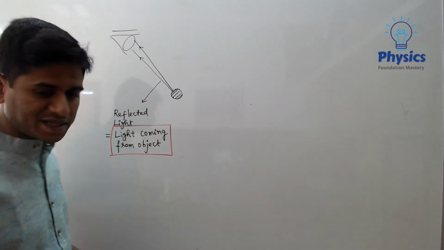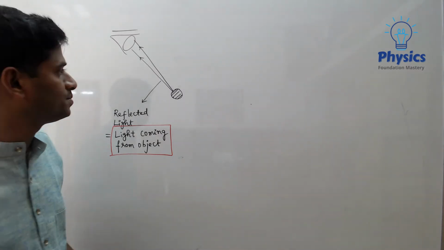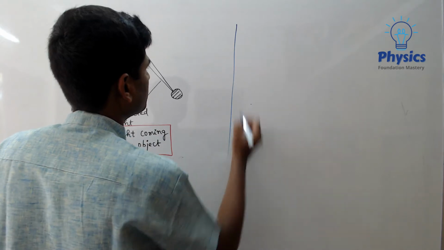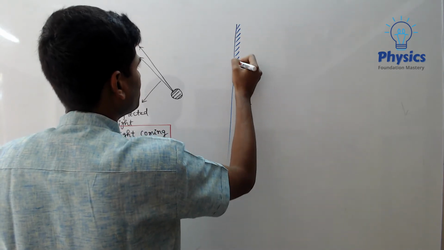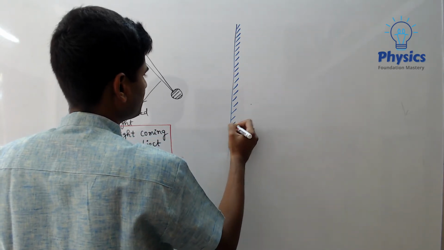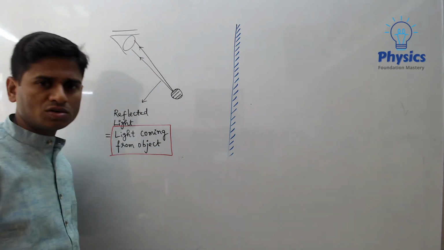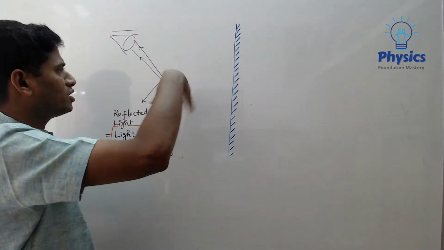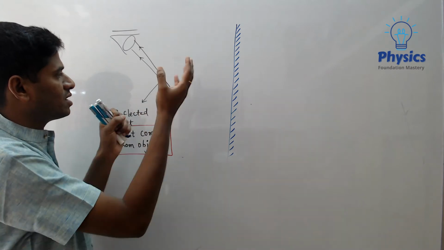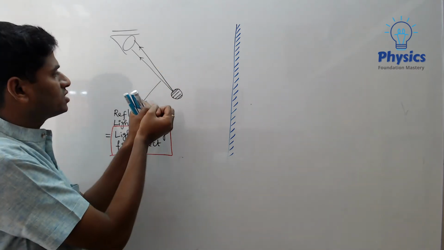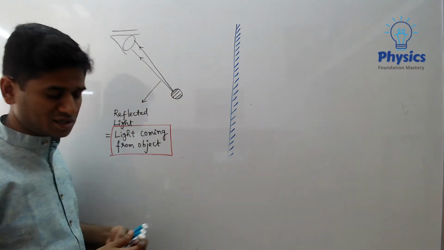Alright. Now let us say we have a mirror here. We have a plane mirror to start with. Okay. So what's going to happen? Light is falling on the object. So the object is going to reflect, is going to give out light in all possible directions.